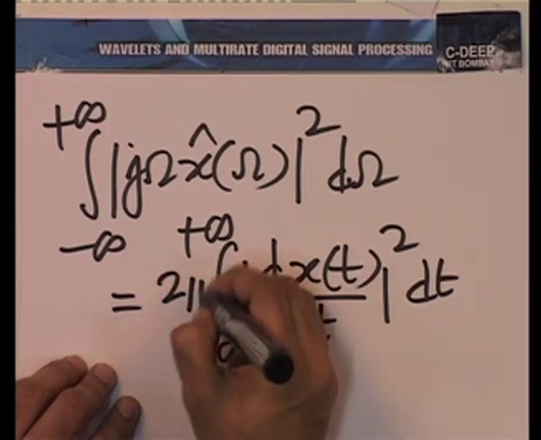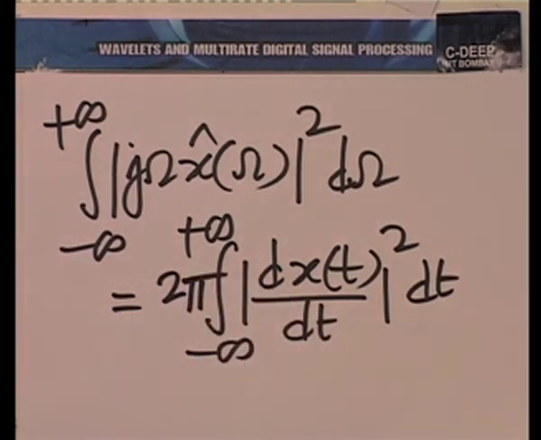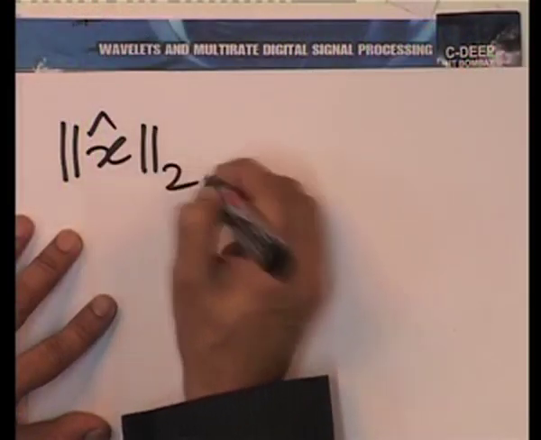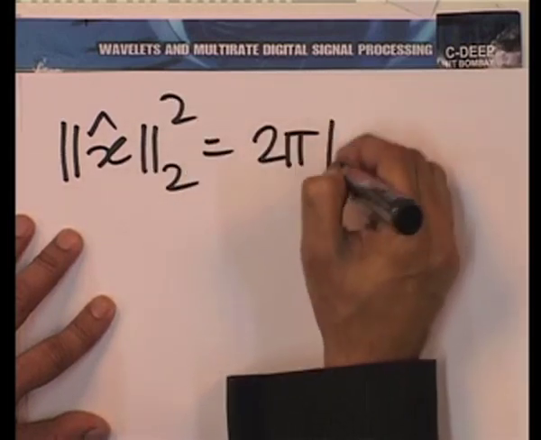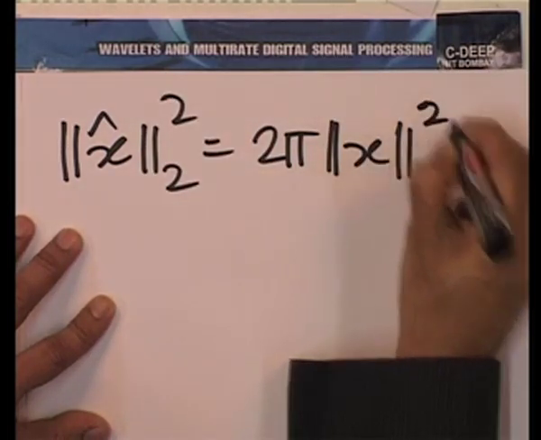So, it is 2 pi times this. And of course, we also see that norm of x cap squared is 2 pi times the norm of x squared.